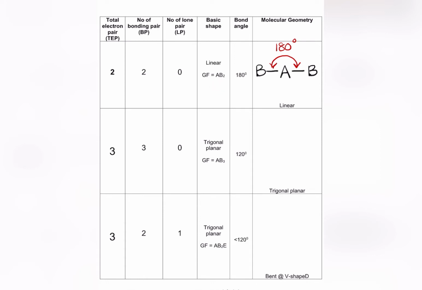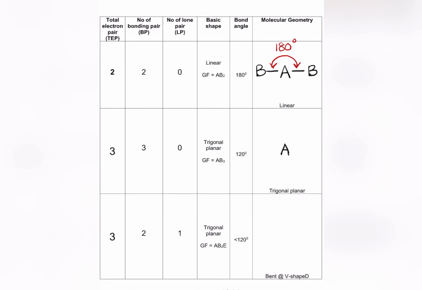Now we go to total electron pair is 3. So what will happen? Awak akan ada 3 bonding pair dan case sekarang saya akan gunakan kosong lone pair. So the general formula is going to be AB3. So how to draw that? As general, central atom akan berada di tengah.